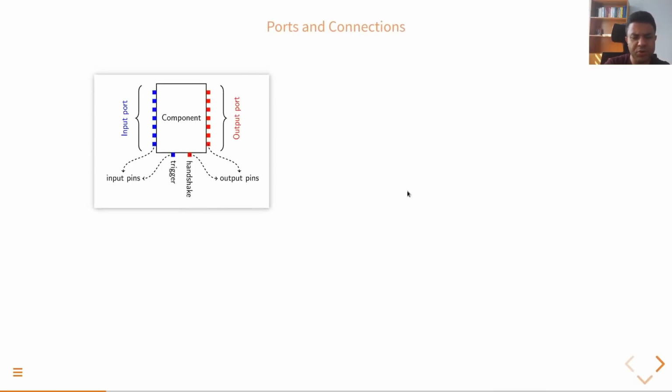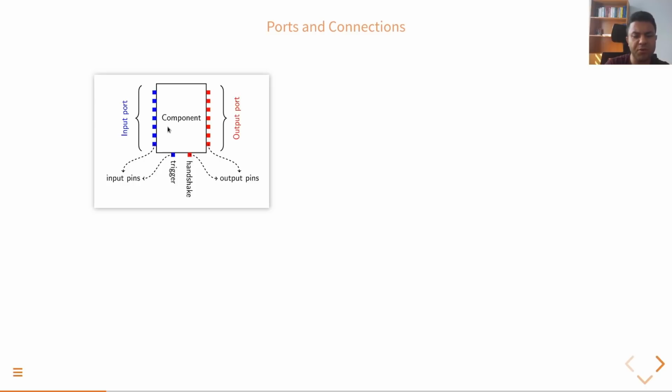Ports are the gates of the components. Data flows from the outside world to the component through input ports, and data flows from the component to its outside world through output ports. So we have basically two types of ports: input and output ports, and each port consists of pins, and we have again two types of pins: input pins and output pins.